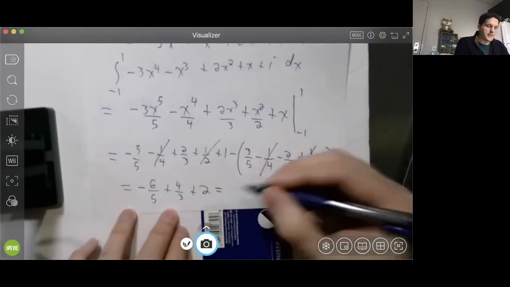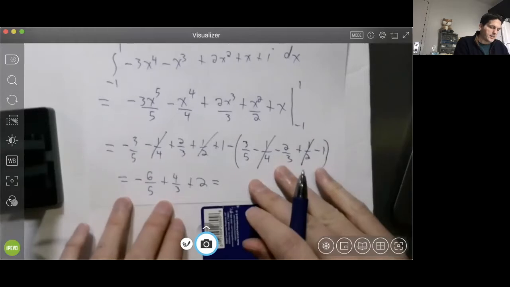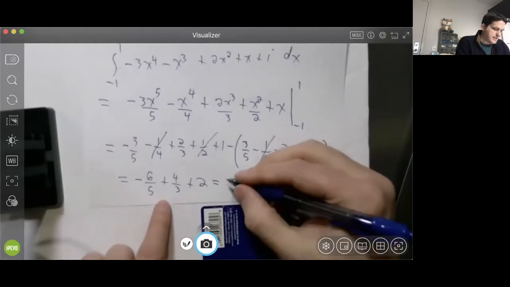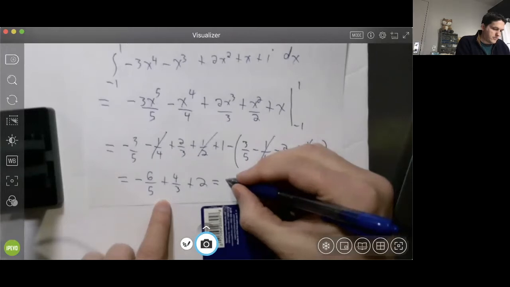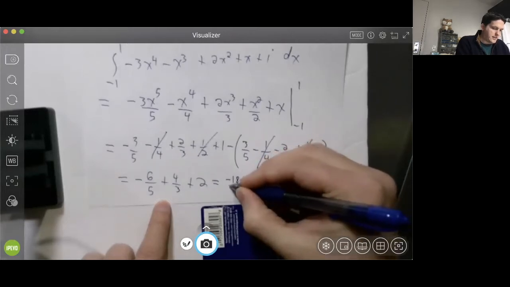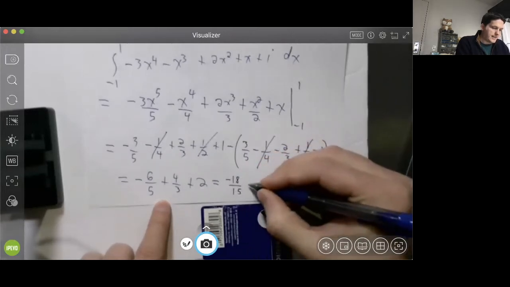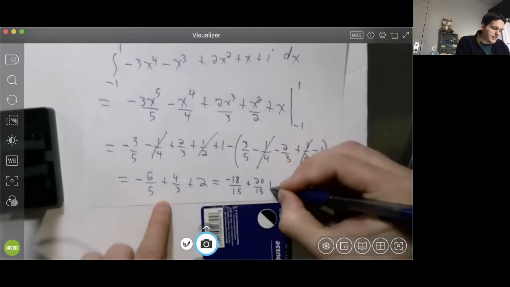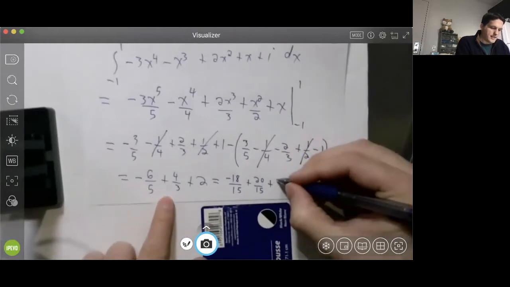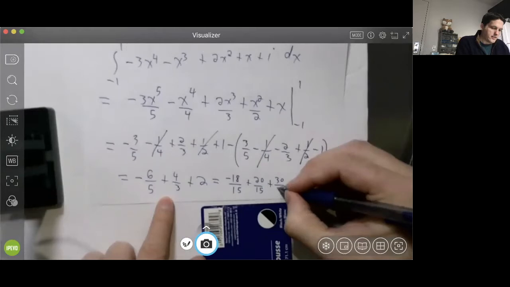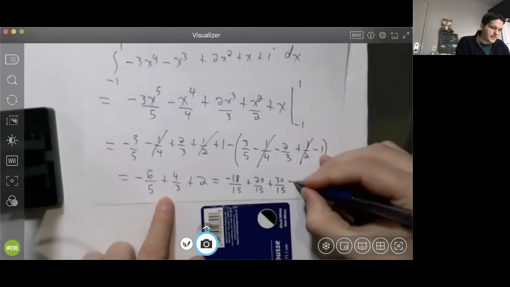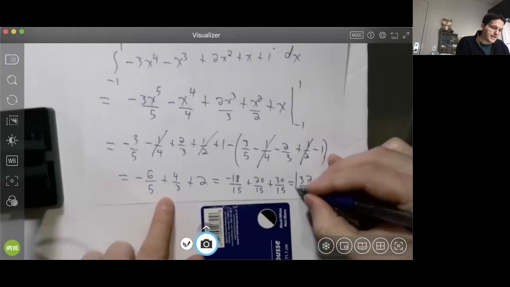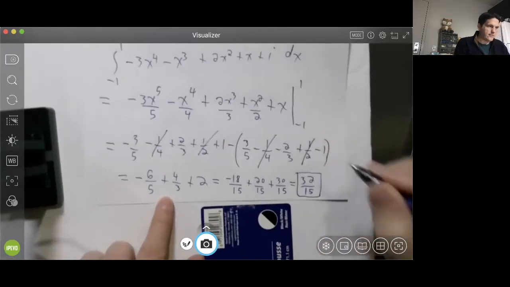And finding a common denominator, this is -18/15 plus 20/15 plus 30/15. So that is 32/15. That is our final answer.